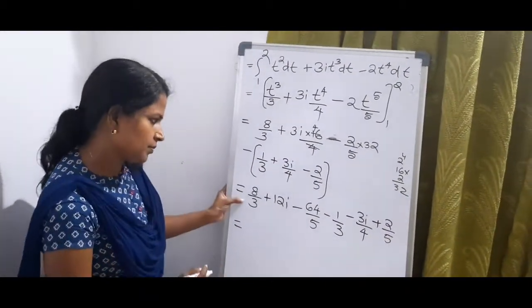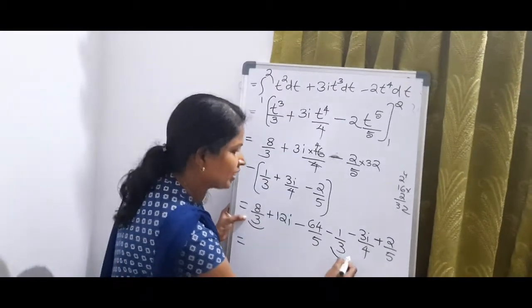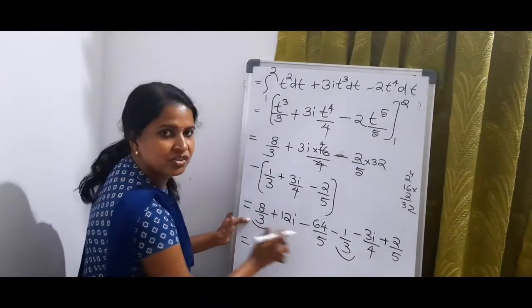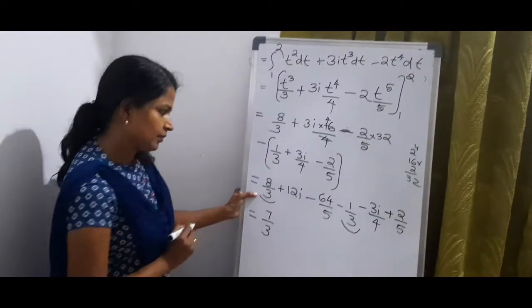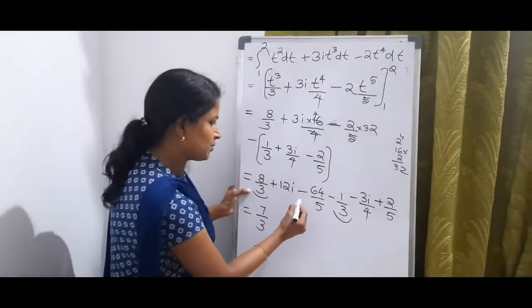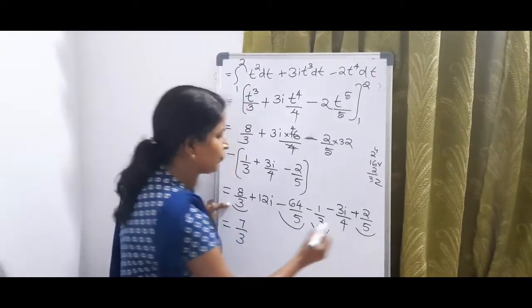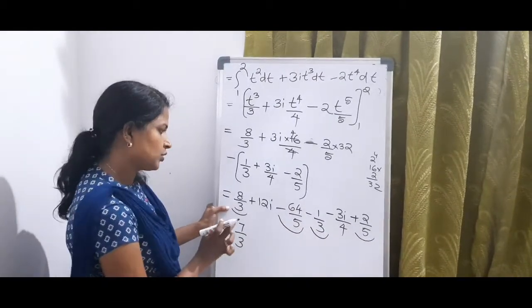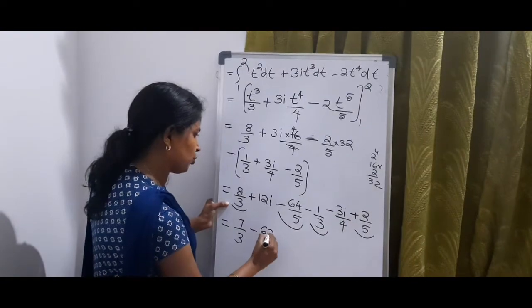Here 8 by 3 minus 1 by 3 is 8 minus 1, 7 by 3. Then minus 64 by 5 plus 2 by 5; the denominators are the same, so minus 64 plus 2, minus 62 by 5.